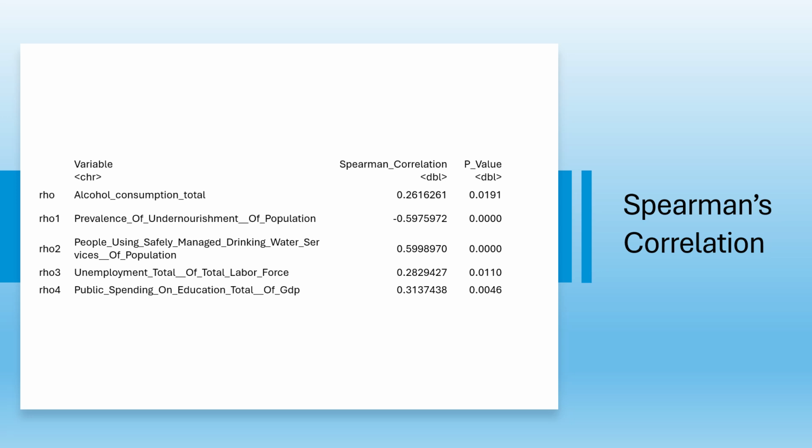And then public spending on education has a slightly higher correlation with also a very significant relationship. So they all have independently significant relationships with depression prevalence as a result of the Spearman correlation test.